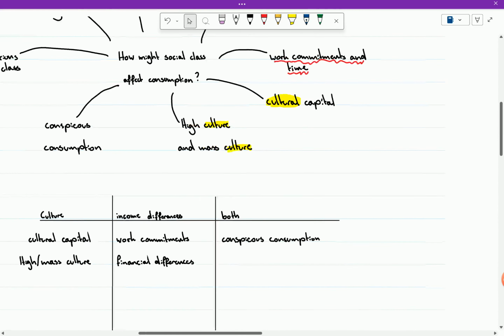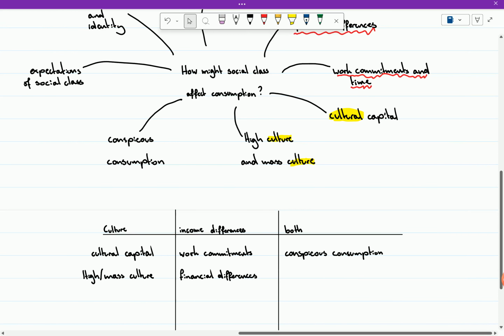And if it can fall under either of them, then you know that there's a degree of subjectivity, and what matters is your ability to display your subject knowledge, so your AO1, and then being able to apply it.